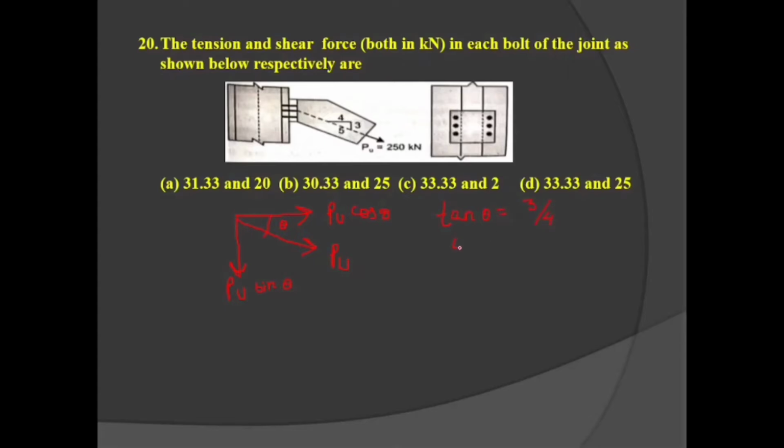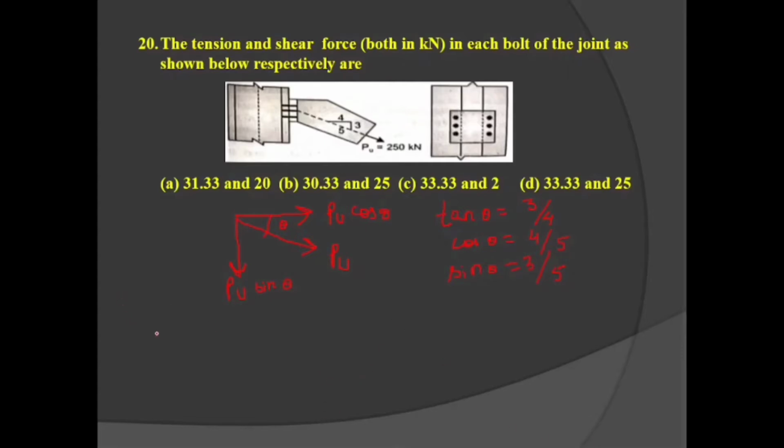Cos theta is equal to 4 by 5, that is base upon hypotenuse, and sin theta is equal to 3 by 5, that is perpendicular upon hypotenuse.